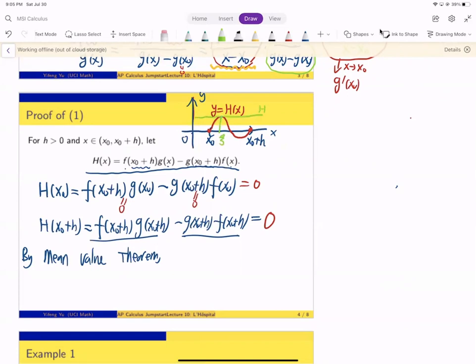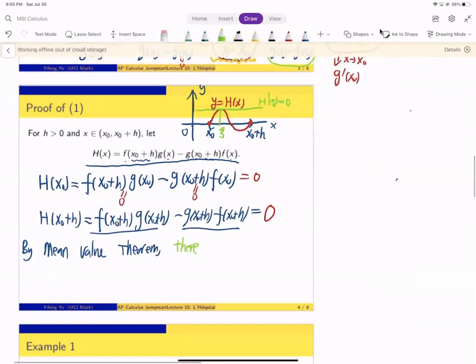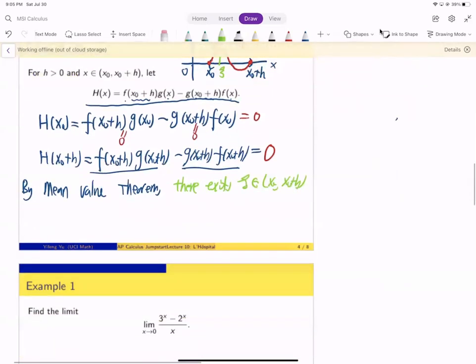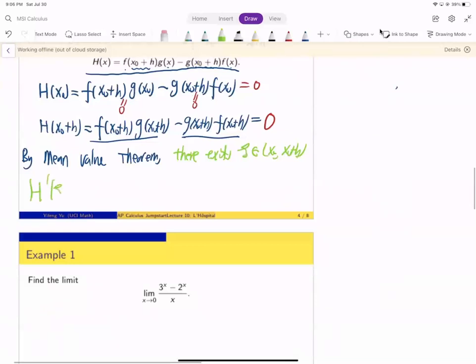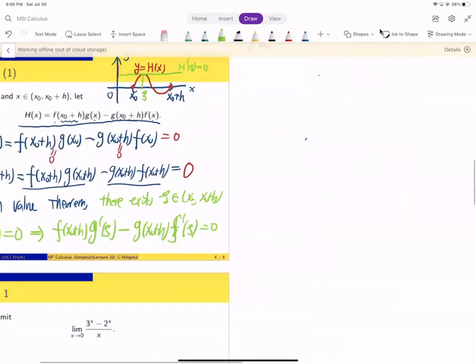So there exists c between x0 and x0 plus h such that the derivative of h at c is 0. But what is this? It implies f(x0 plus h) times g prime c, minus g(x0 plus h) times f prime c, equals 0.